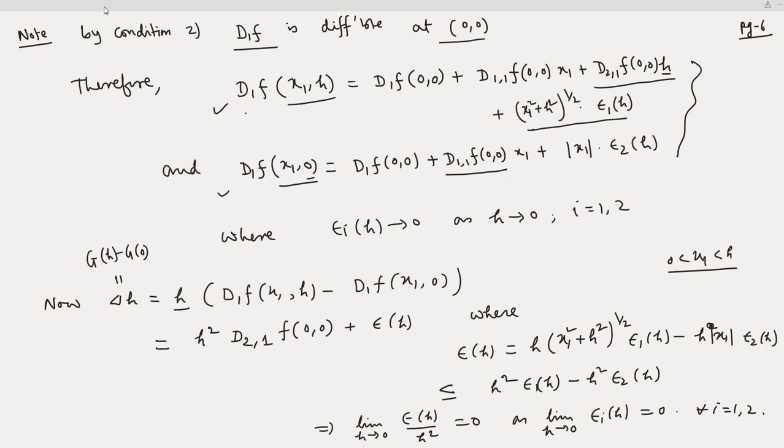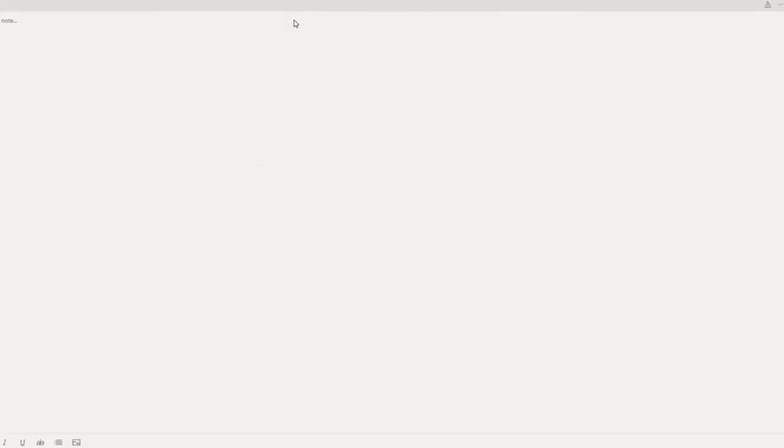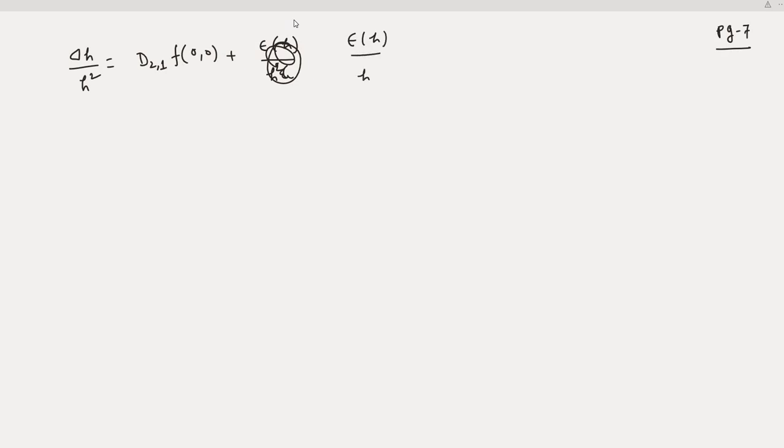Therefore, page number 7, what we have is delta h over h square equal to d_{2,1} f at (0, 0) plus epsilon h over h square.